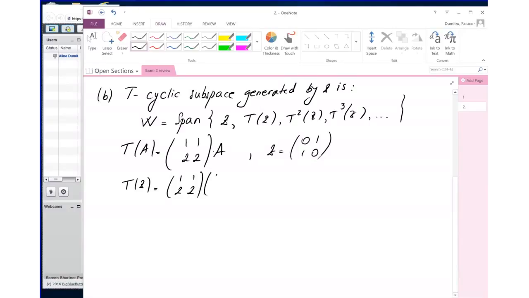Now, do you remember how it worked when you're trying to find the basis for the T-cyclic subspace? There was a result from last time saying that if the T-cyclic subspace has dimension k, all you have to do is go up to T to the power k minus 1, from the vector up to there without skipping anything.